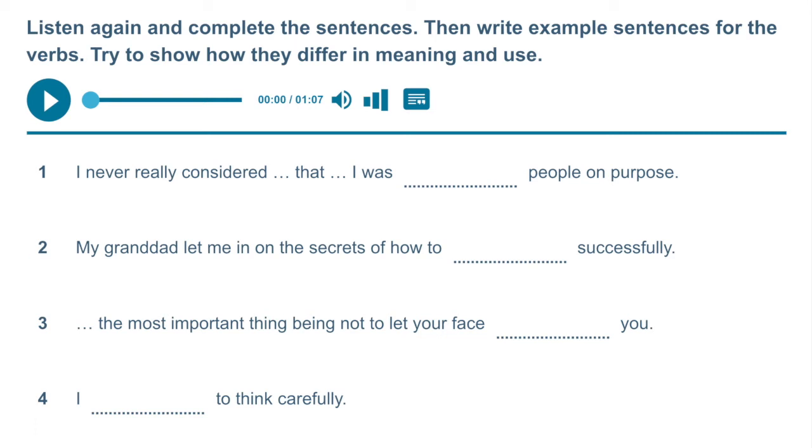Then write example sentences for the verbs. Try to show how they differ in meaning and use. You will not have to hand in this in particular, but I highly recommend that you do the activity. So we've got these 4 sentences, and the idea is that you listen and complete.